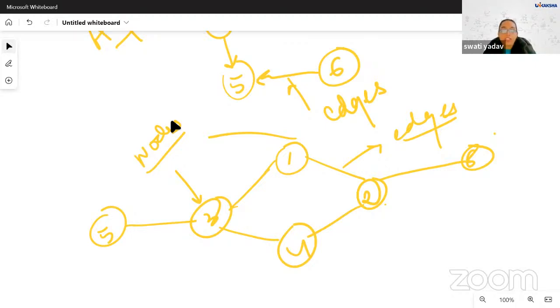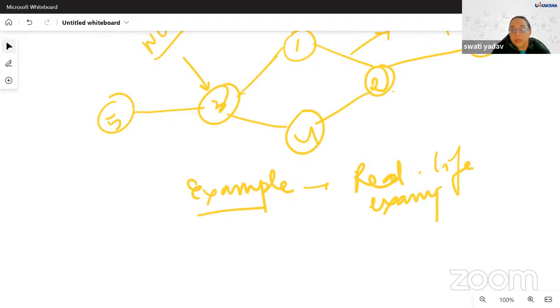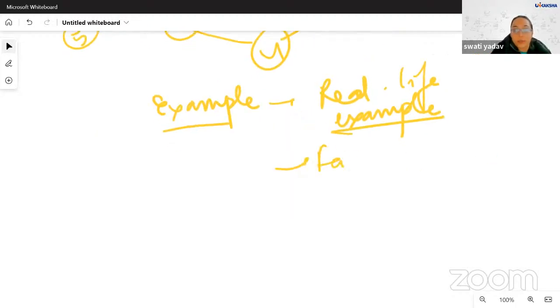And every connection acts as an edge, whether it's between you and your Facebook friend or just a page that you've liked. So Facebook is an example where you will find a graph. Again, relate. This is a real life example. Social networking sites, just like your Facebook.